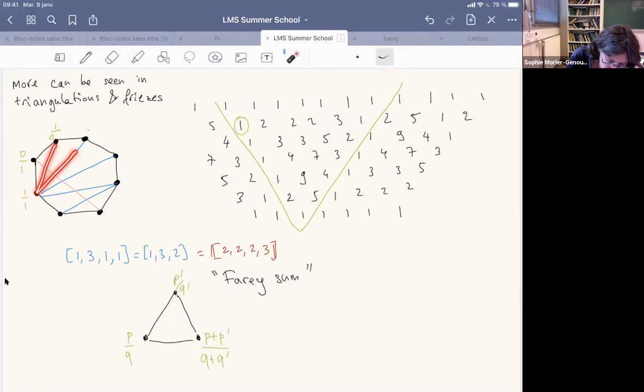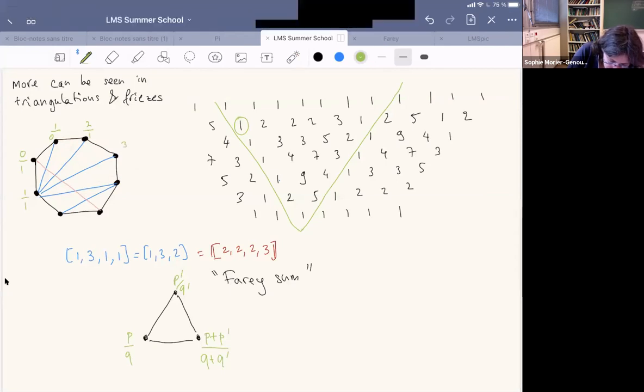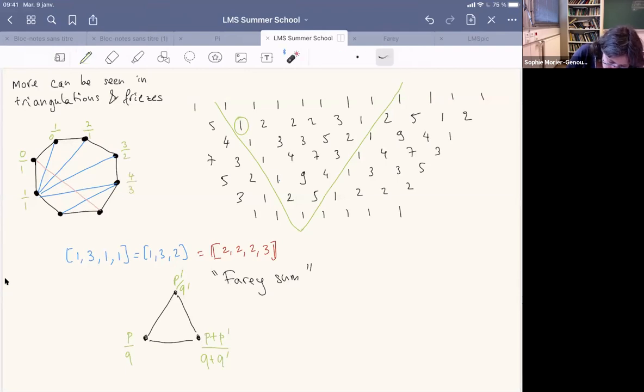Now I have this triangle in which I have 2 already assigned numbers, so I can deduce this one, and then in this triangle I will deduce this one, and then this one, and so on. So let's do it. This one, sum of the numerators, and sum of the denominators, and this. And now what can I do?